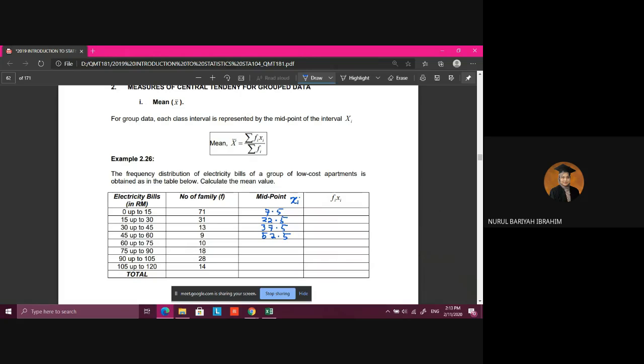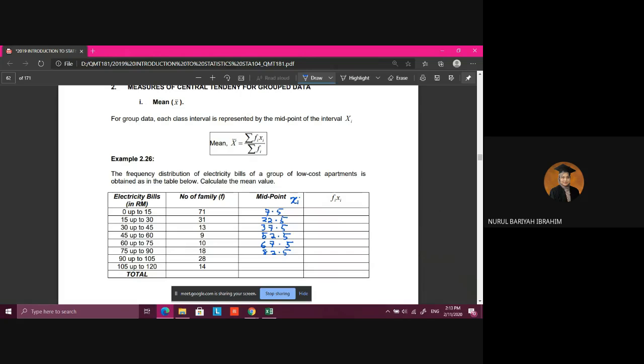The next one, 60 plus 75 divided by 2, 67.5. Next one, 75 plus 90 divided by 2, 82.5.